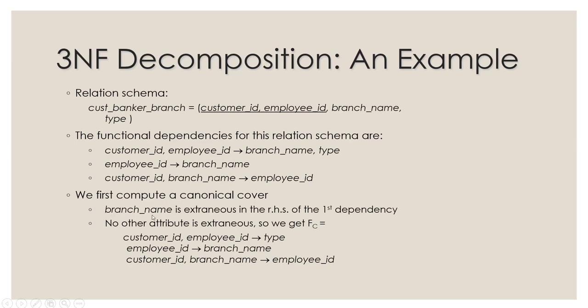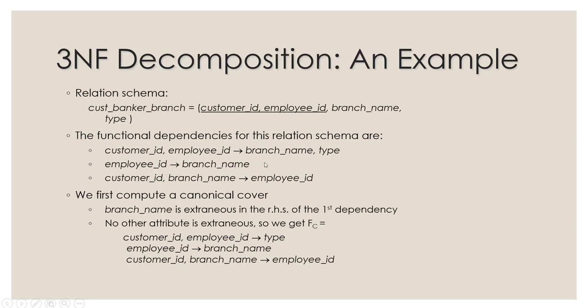So here, branch name is extraneous on the right-hand side of the first dependency. Why is that? Because using this one, if you know the employee ID, you already know the branch name, right? So you don't need customer ID. That's actually making it weaker. This is stronger, right? Just by looking at the employee ID, we can get branch name. So this one is extraneous because of this condition.